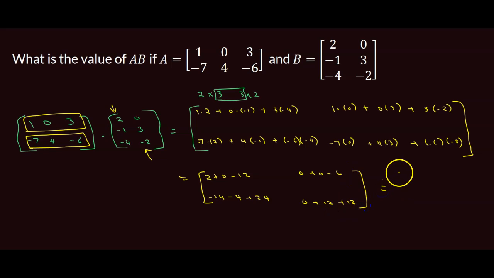So this is going to give us 2 plus 0, 2 minus 12, this is negative 10. Negative 14 minus 4, negative 18 plus 24, this is 6. 0 plus 0 minus 6 over here. And then 0 plus 12 plus 12, we have 24 over here. So you can see here that we have a matrix with 2 rows and 2 columns. And this is going to be our resulting matrix.